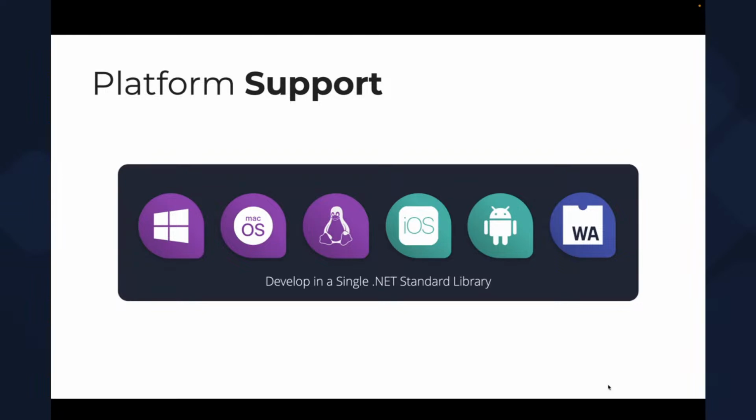Now, that isn't to say that you should use 100% of your code across all of the platforms. Taking a high fidelity desktop application and running it on an iPhone is going to deliver a horrible user experience for your end user. You could do that if you wanted to. I just wouldn't recommend it. But what you can do is reuse all of your view models, all of your business logic, and then tweak that UI.